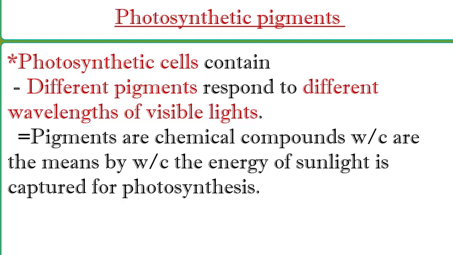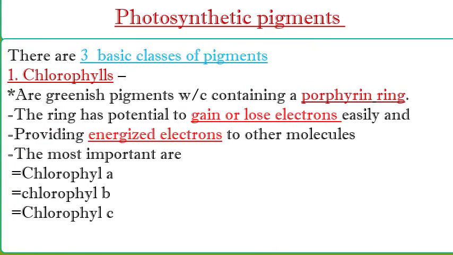Pigments are useful to plants and other autotrophic organisms. In plants, cyanobacteria, and algae, pigments are the means by which the energy of sunlight is captured for photosynthesis. Since each pigment reacts with only a narrow range of the spectrum, there is usually a need to produce several kinds of pigments, each of different color, to capture more solar energy.